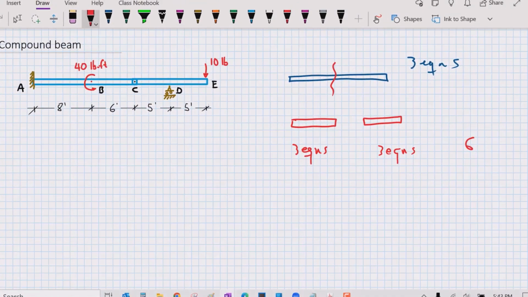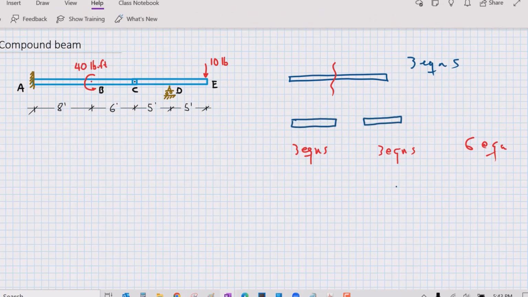It means you have 6 equations, right? The problem is that as soon as you cut, you get 3 additional unknowns. It doesn't do any good to cut because you have shear, moment, and axial load. So you gain 3 equations, but you also get 3 unknowns. So you don't gain anything, right?